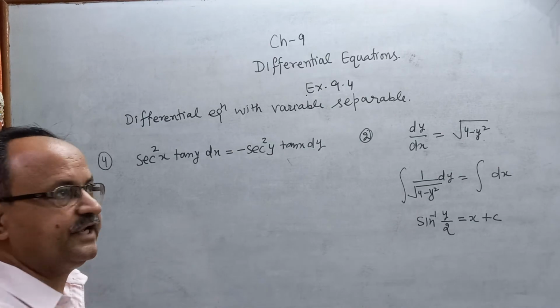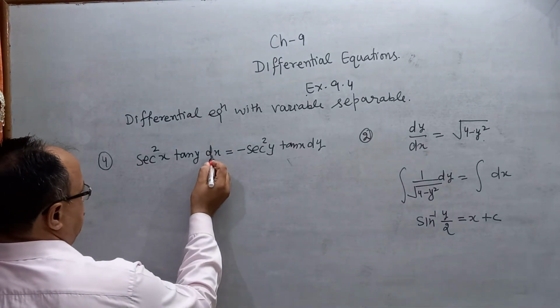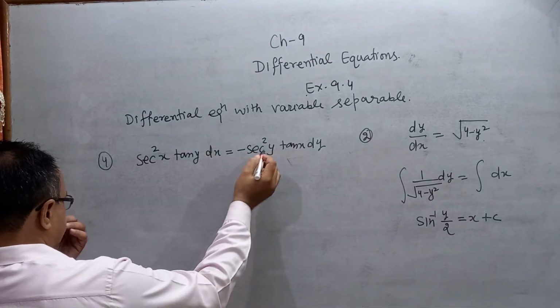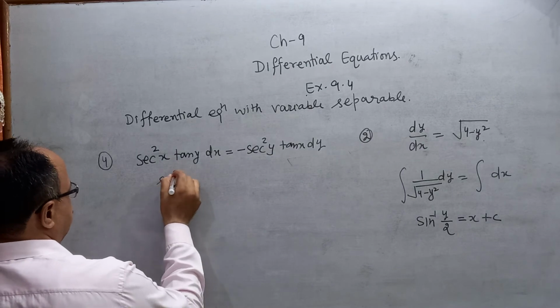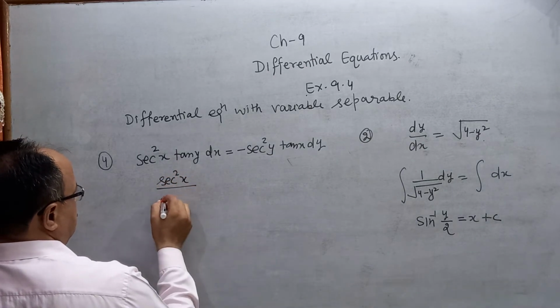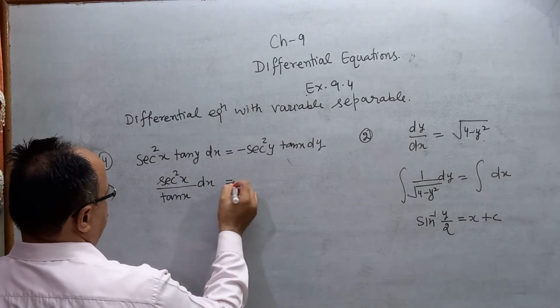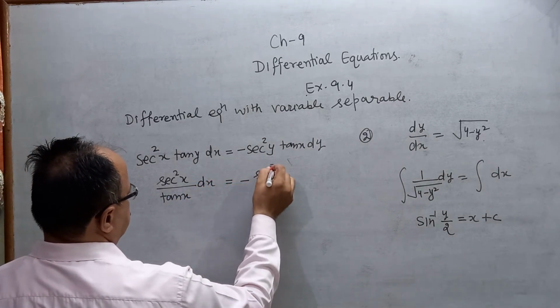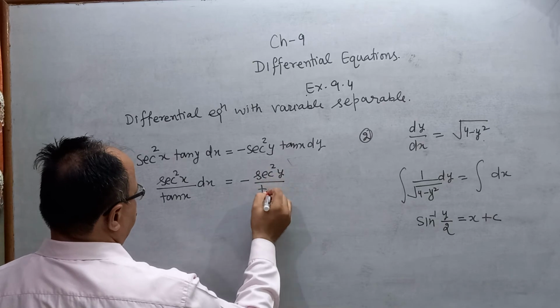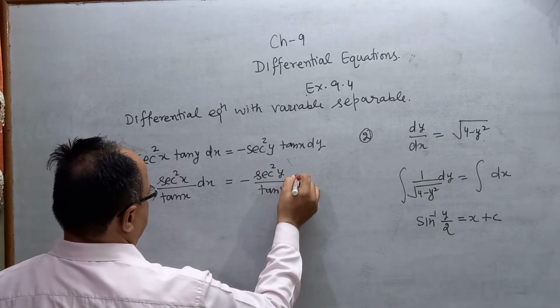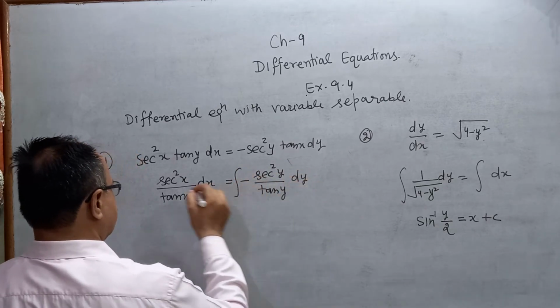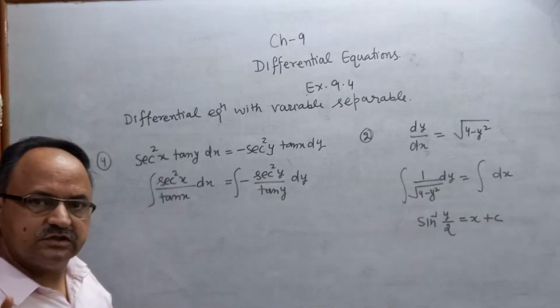Separate the variable, then integrate. You know that, with dx, bring the x term: that is sec square x upon tan x dx, and with dy the y term: sec square y upon tan y dy, then integrate. Simple work, you can solve.